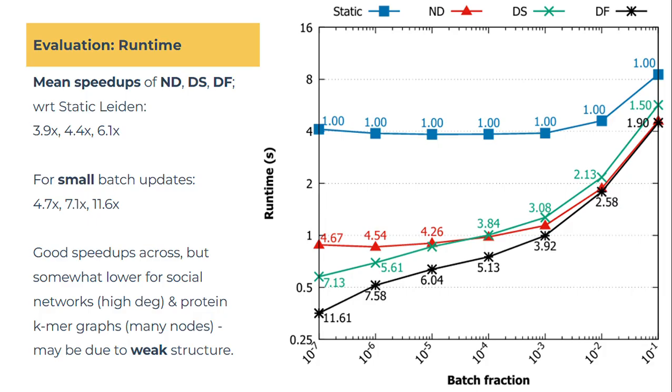As the size of the batch update increases on the x-axis, the runtime of the static algorithm, shown in blue, increases. Same is the case with the dynamic algorithms, but the dynamic frontier-based approach has the best performance and is faster than the static algorithm.